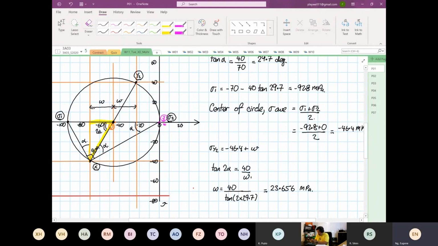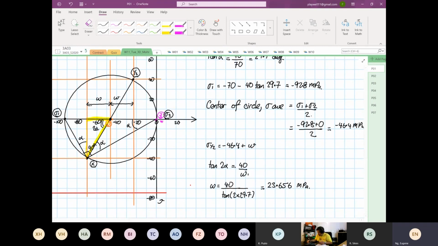Let me do it again. So 2 times 29.7, tangent, yep, 40 divided by, so it's 23.655.